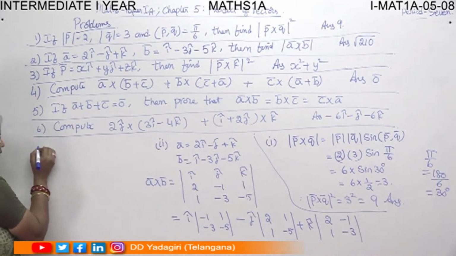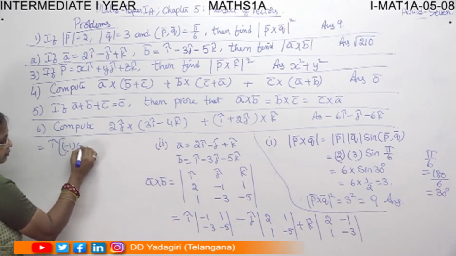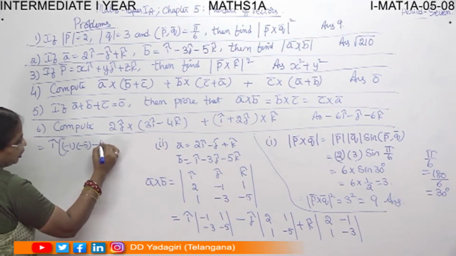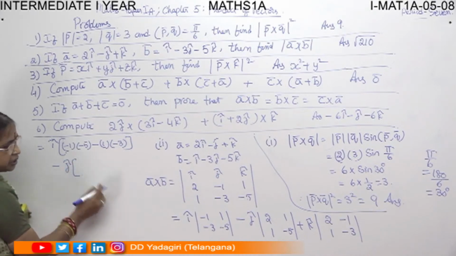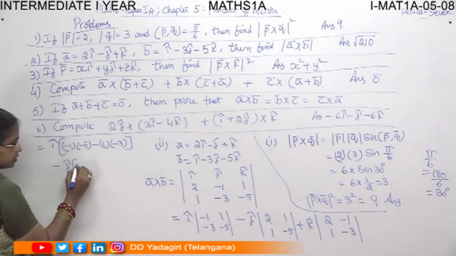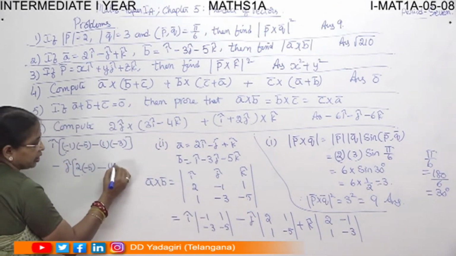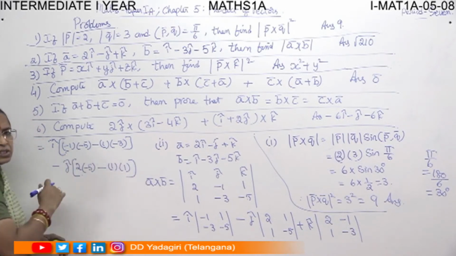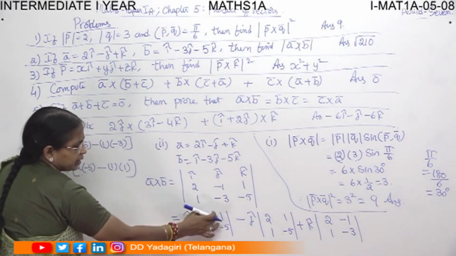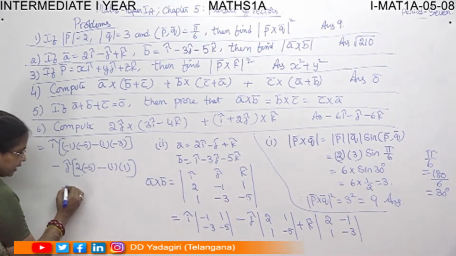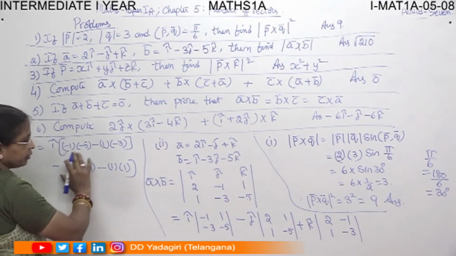So it is equal to I into minus 1 into minus 5 minus 1 into minus 3, plus, minus j into, for j multiply these two, 2 into minus 5 minus again 1 into 1. You need not write always like this. You can just directly write the value. 5 plus 3, like that you can directly write. Because it is the first problem, I am writing each and every step. So directly you can write the values.